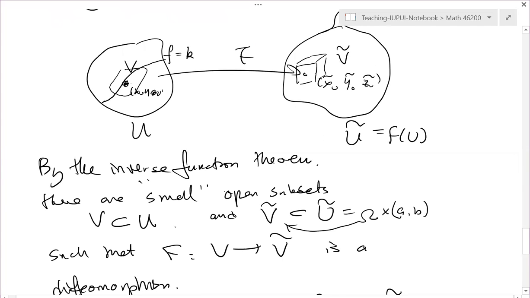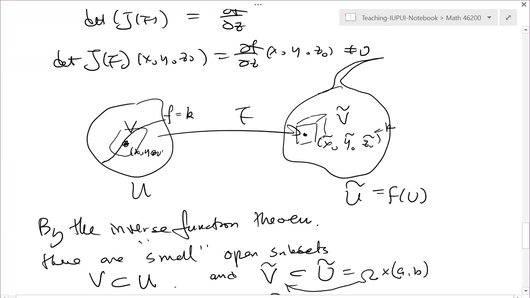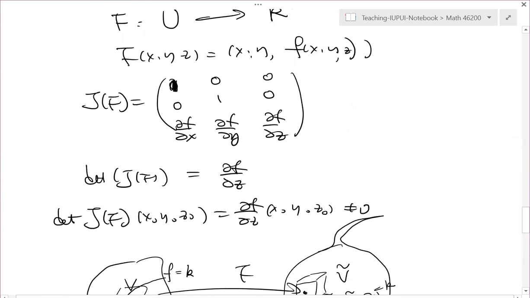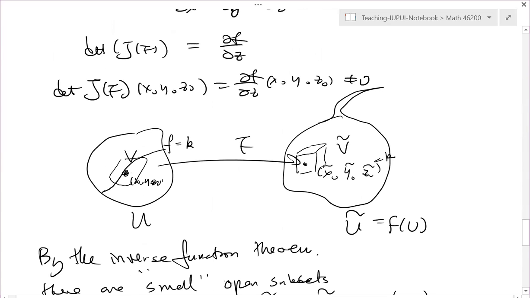Okay, so when you construct the F, this point, and the Z, actually the Z 0 is going to be K, right? Because in our construction of F, the third component is it. So it's going to be K.